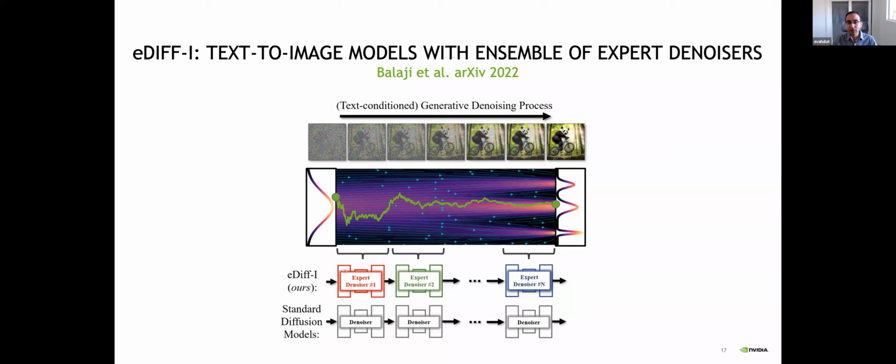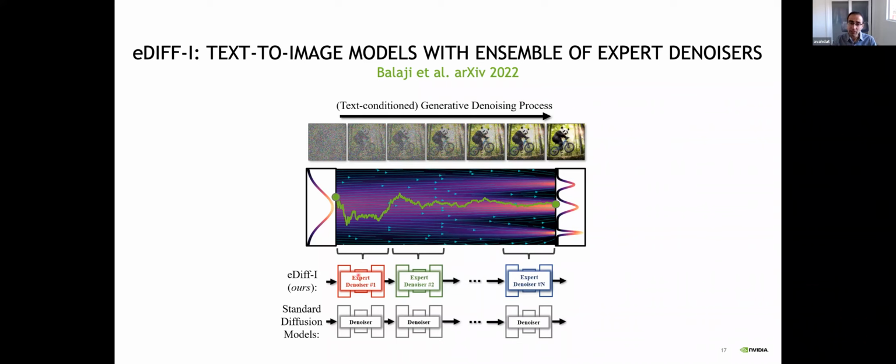So inspired by this, we introduced Edify, which is an ensemble of diffusion models for image generation that uses different denoisers at each interval of time. So we split this time horizon in the denoising process into multiple intervals, and we use different networks to represent the denoising model.